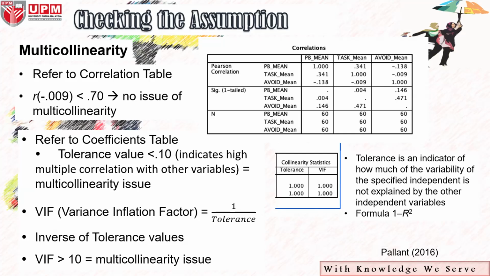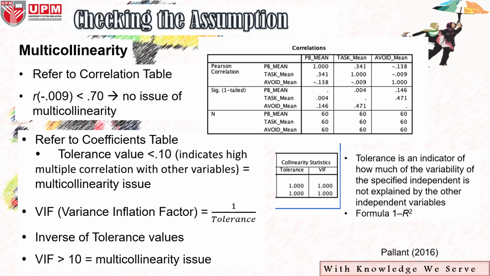But the VIF is the inverse of tolerance, 1 divided by tolerance, meaning that if the VIF is larger than 10, it indicates a multi-collinearity issue. It is the opposite of tolerance.